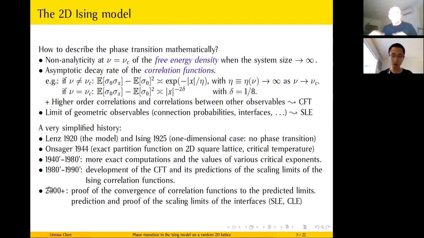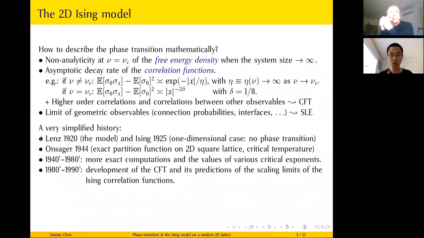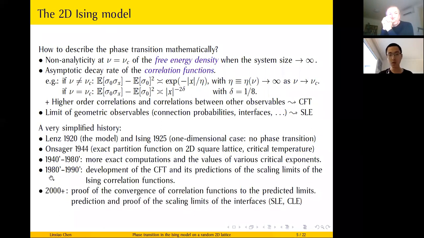By the way, up to this point, the work was largely done by physicists. But in the 2000s, mathematicians started to catch up and started to prove some of the convergence results predicted by the physical theory of CFT, and also came up with geometric objects like SLE and CLE, and showed that they are effectively the interface scaling limits of the Ising model.